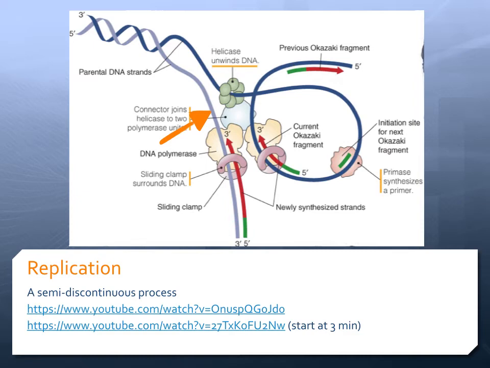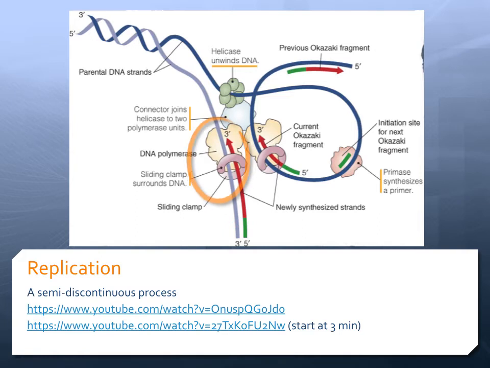This is why we say that the synthesis of DNA is semi-discontinuous. It is because one strand has a continuous synthesis and the other strand is a template for a discontinuous synthesis. So let's first have a look at the leading strand that is a template for the continuous synthesis of new DNA.